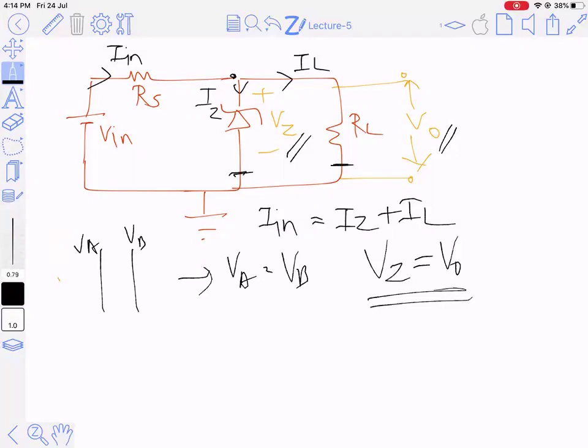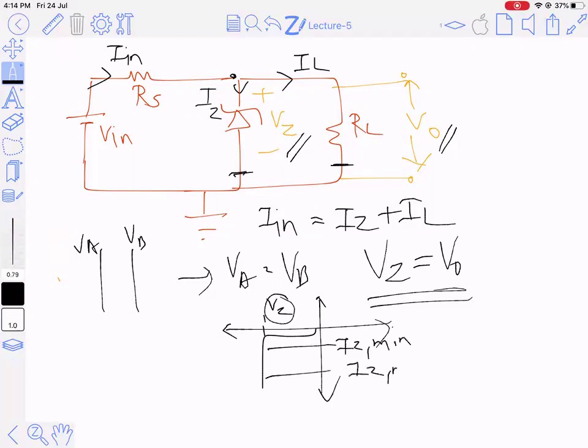If I'm able to operate the Zener diode in the reverse breakdown region, I know that the voltage across the Zener diode almost remains constant when I'm operating it in the range of IZ minimum to IZ maximum.